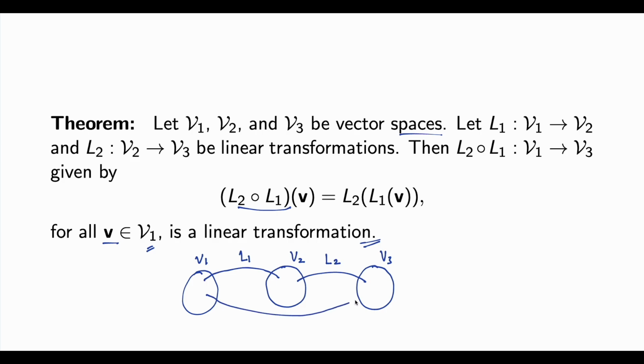I want to know the transformation from V1 to V3, which is nothing but L2 of L1 of v, because L2 operates on L1(v). This is the composition map. We write it as (L2 ∘ L1)(v). So this composition map is also a linear transformation.